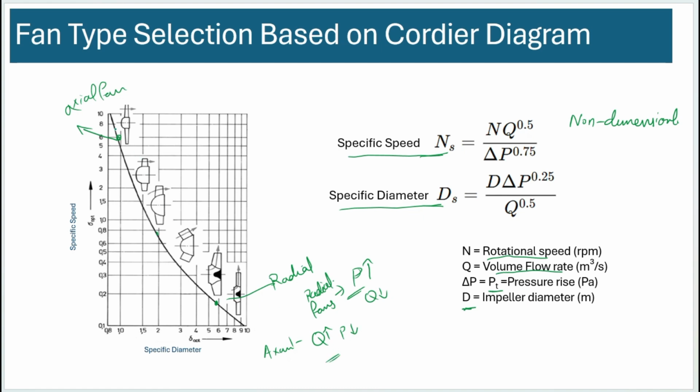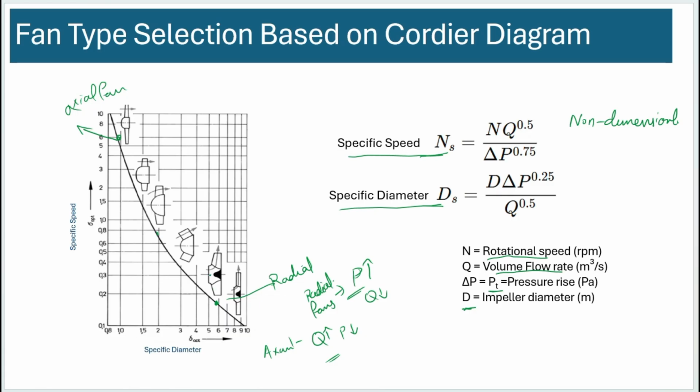That's what this diagram is basically about. If you're somewhere in here, using the same RPM, same diameter, everything, you're able to provide more pressure for that particular fan design.